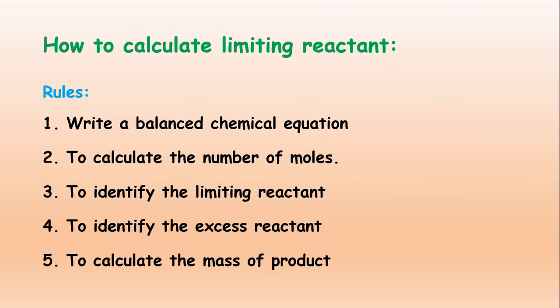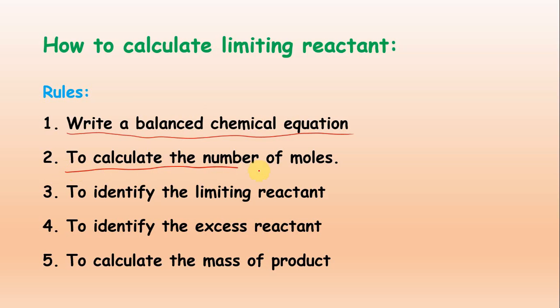Now, one topic was what the limiting reactant is, and the second topic is how to calculate the limiting reactant, which is very important. There are some rules. Number 1, you must write a balanced chemical equation.